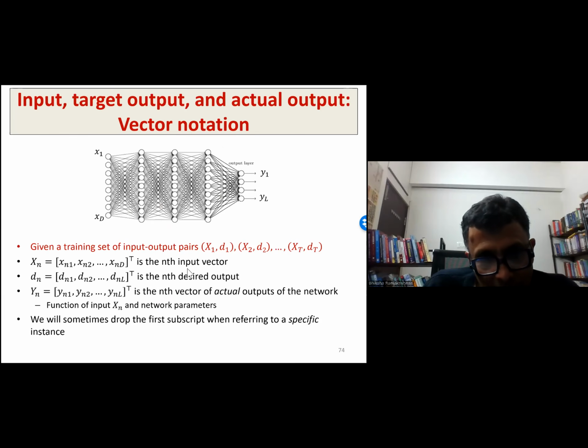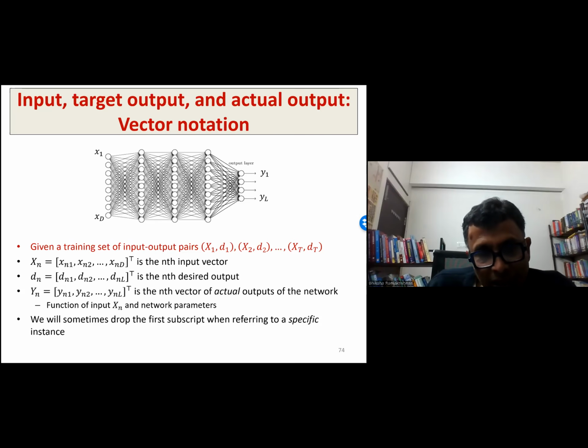Each target output, assuming that the function actually computes a vector output, is also going to be some multidimensional vector, where the kth component is going to be the kth target output value.